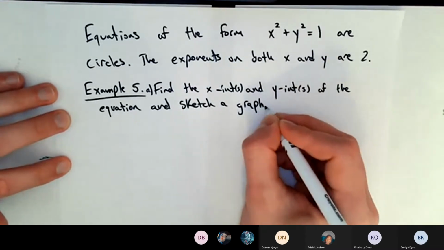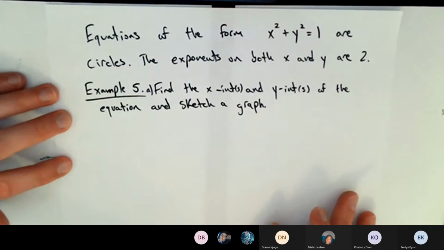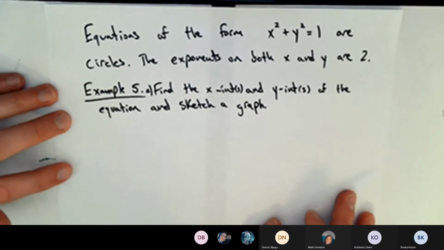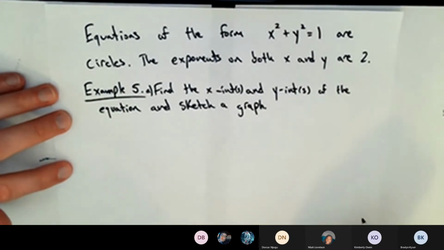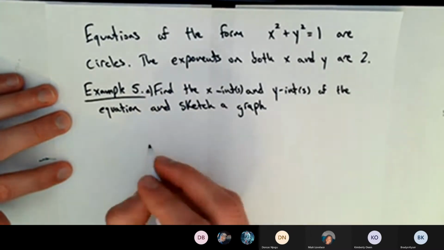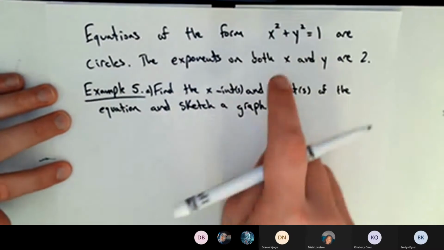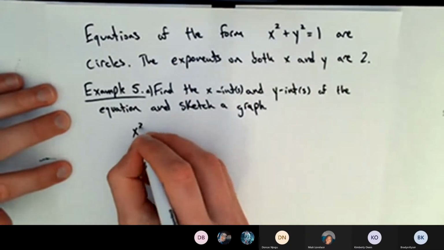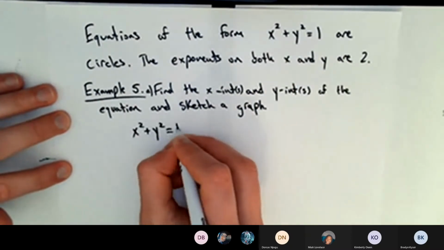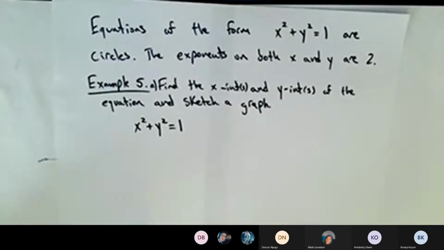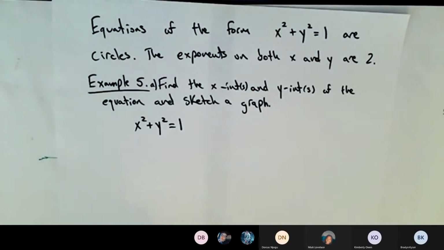Now, knowing that the shape is a circle is going to help, obviously, with graphing it. All right, so let me give you this. We'll do that one first. X squared plus y squared is equal to 1. So that's a very specific circle.